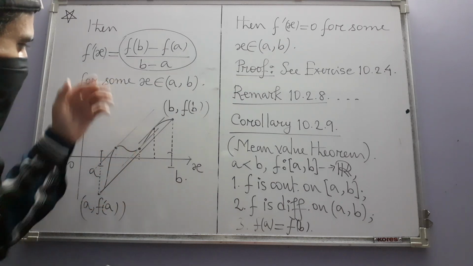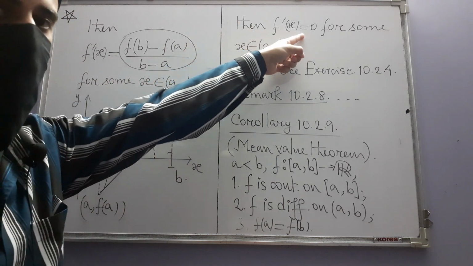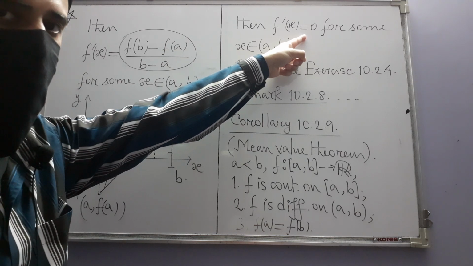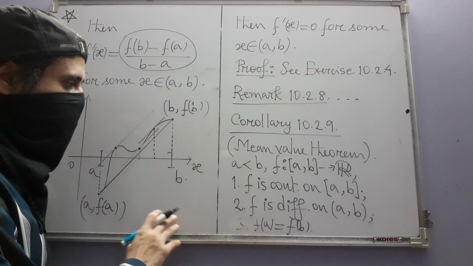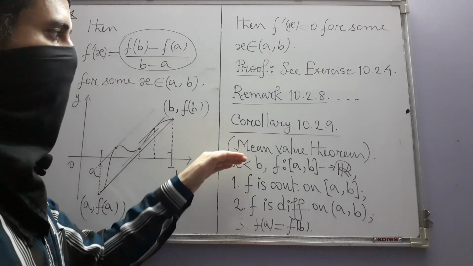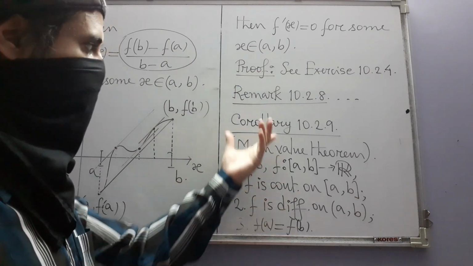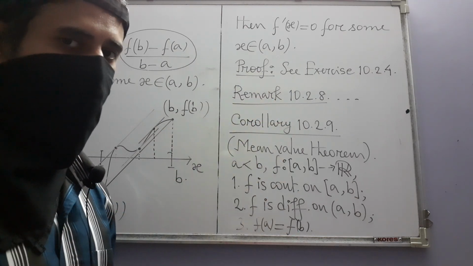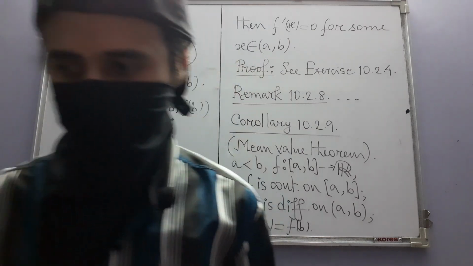So the tangent also has to be horizontal, which is why its slope also is 0. Actually, the Rolle's theorem should be a corollary of mean value theorem. However, the mean value theorem is derived as a consequence of Rolle's theorem. That's why it is being called a corollary. However, this is where the section ends.